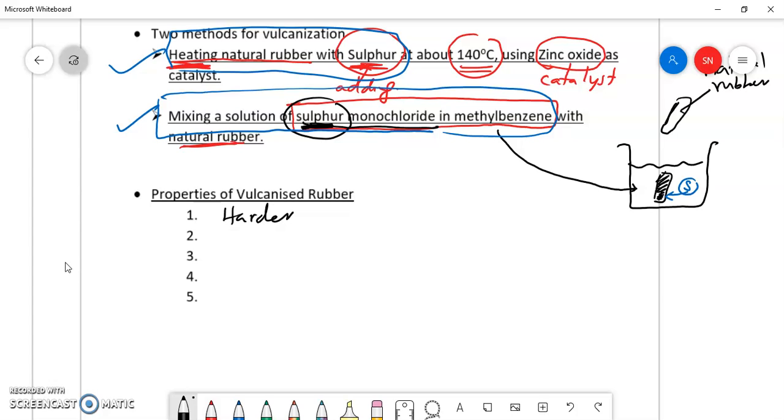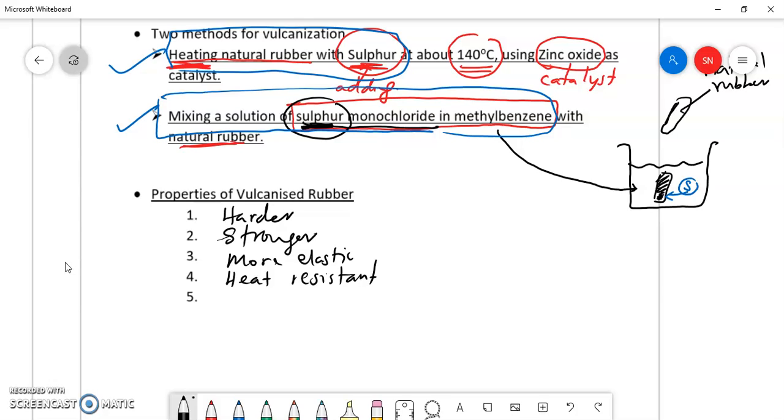It will also be stronger and more elastic. Elastic means it can stretch and come back to its original form, not deformed. And it will be more heat resistant.